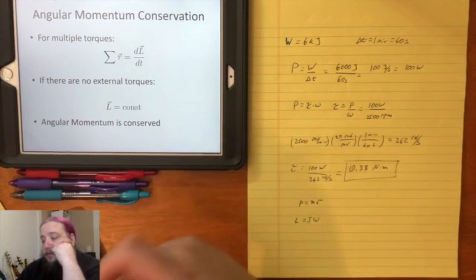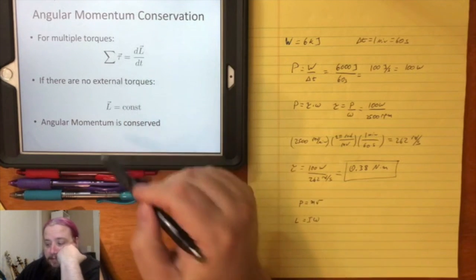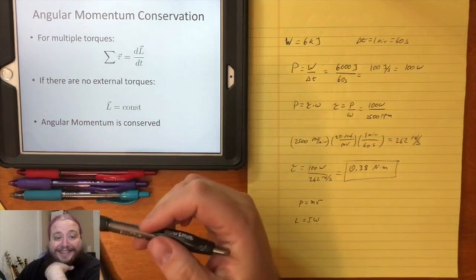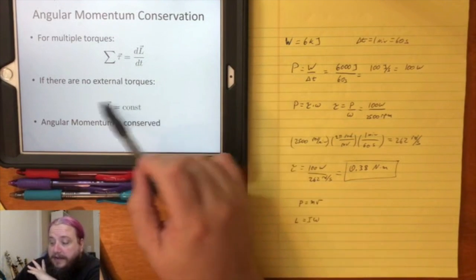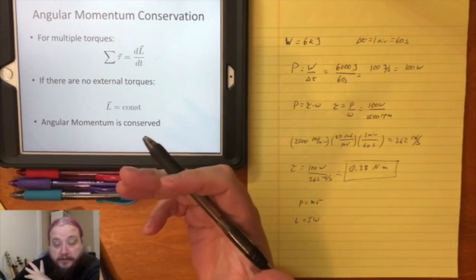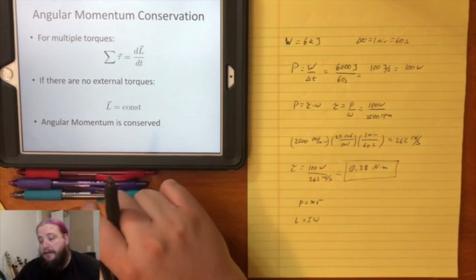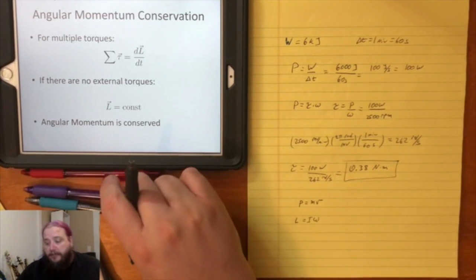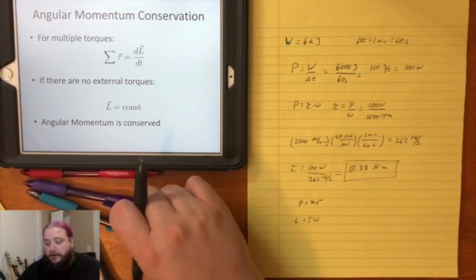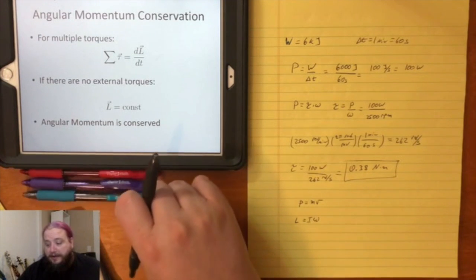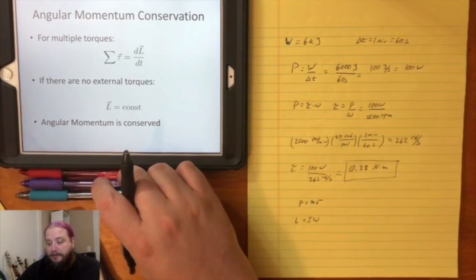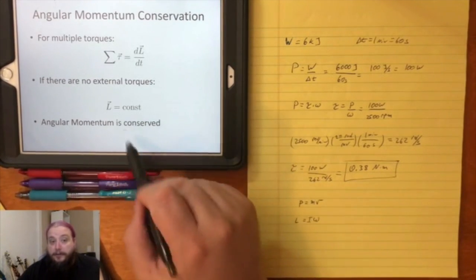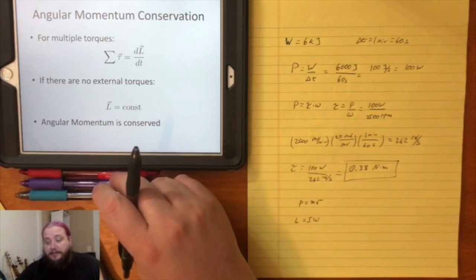If there are multiple torques, then you sum them up as usual. If there isn't any external torque on a system, then your angular momentum is conserved. And in particular, if there isn't any external torque on your system, but there are internal torques or internal motions to a particular system, then the total angular momentum of that system is still conserved.